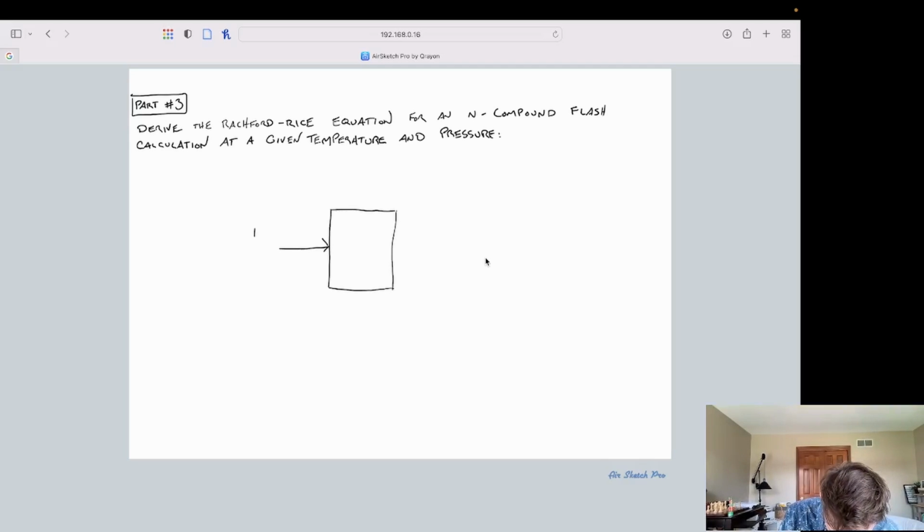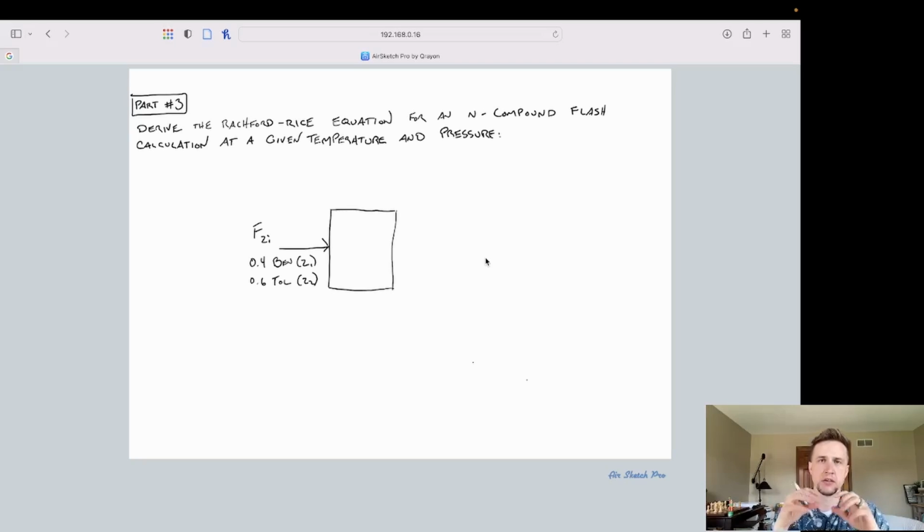Now this feed has a certain composition that we know going in, and in this case we'll say it is 0.4 of benzene and 0.6 of toluene, and this will be our Z1, and this will be our Z2. So we have our feed coming in to our flash drum.